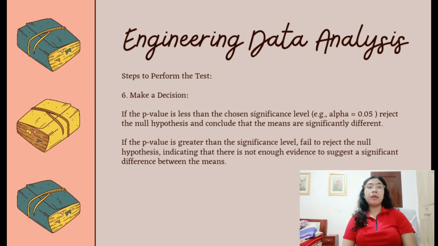If the p-value is less than the chosen significance level, reject the null hypothesis and conclude that the means are significantly different. If the p-value is greater than the significance level, fail to reject the null hypothesis, indicating that there is not enough evidence to suggest a significant difference between the means.